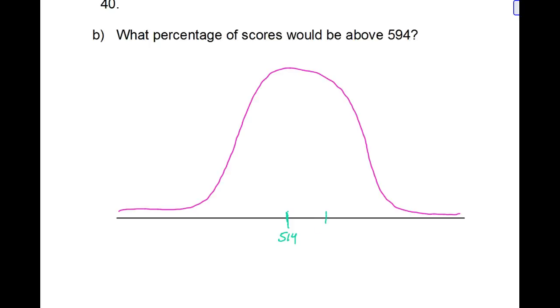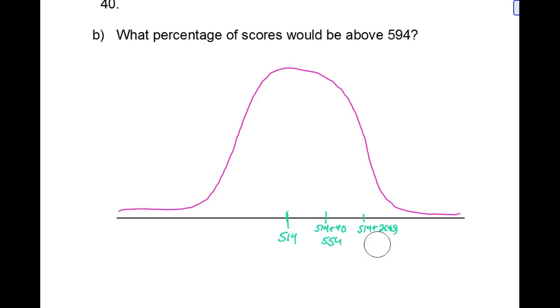So one standard deviation is 514 plus 40, which gave me 554. Two standard deviations above would be 514 plus 2 times 40, which would actually be 80. So that gives me 594.